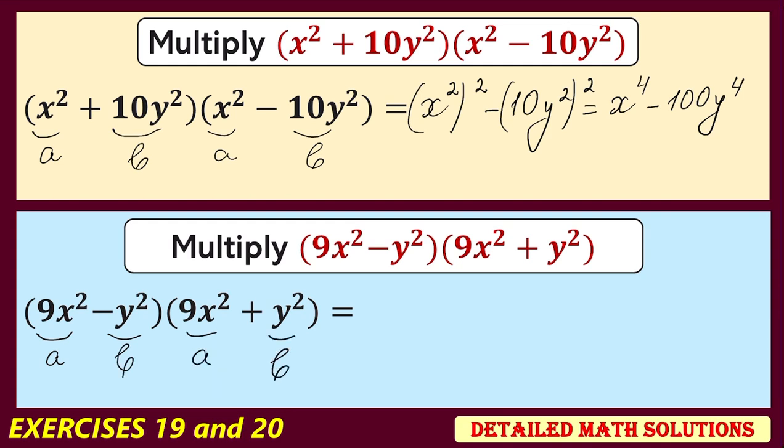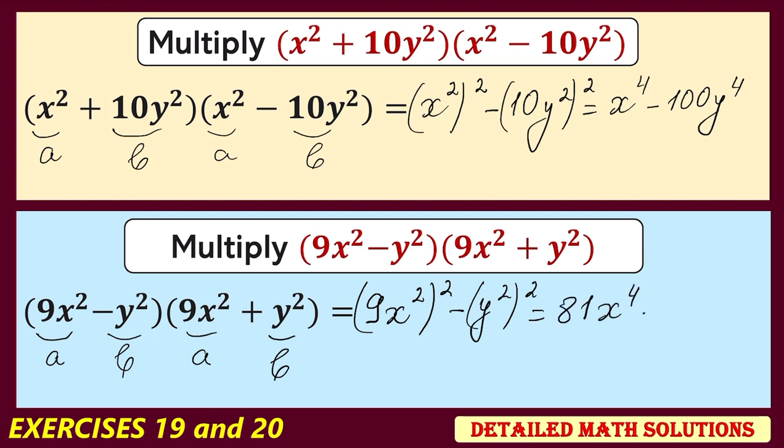This way, this equals 9x squared in parentheses squared minus y squared in parentheses squared. This equals 81x to the 4th power minus y to the 4th power.